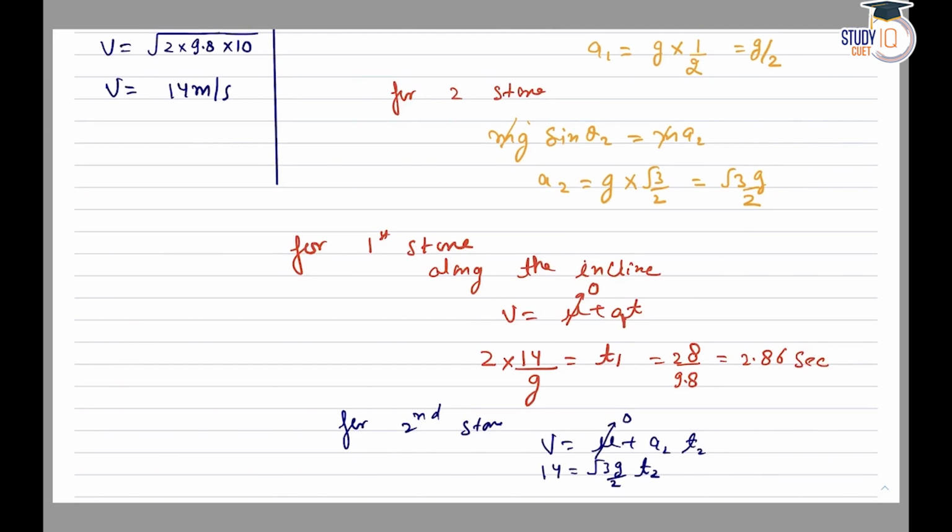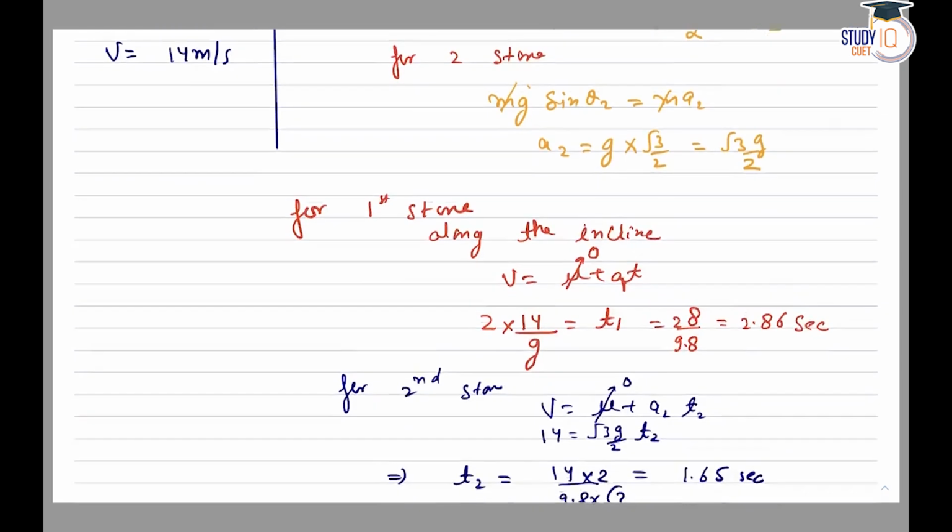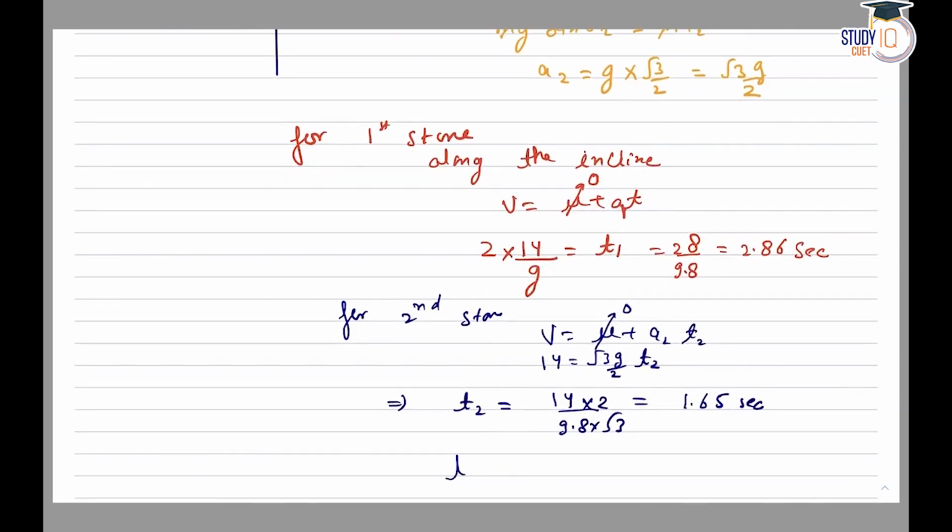From this, t2 comes out to be 14 into 2 upon 9.8 into root 3. On solving this expression, t2 comes out to be 1.65 second. So from this we can clearly say that the time taken by the first stone is greater than the time taken by the second stone.